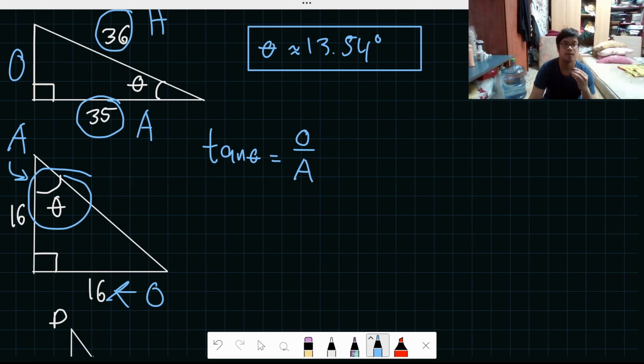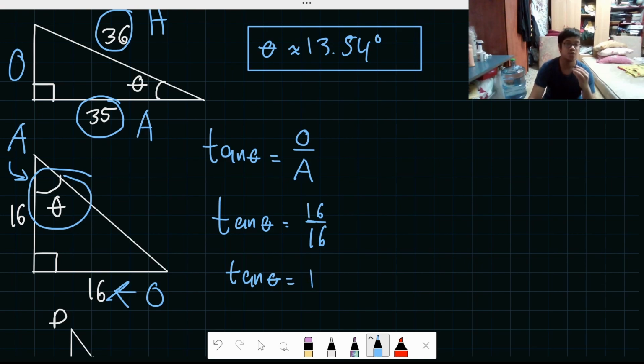So here we can substitute our opposite and adjacent. We have 16 all over 16. Our opposite is 16, our adjacent is 16, and 16 divided by 16 is simply 1. So we have tangent theta equals 1.